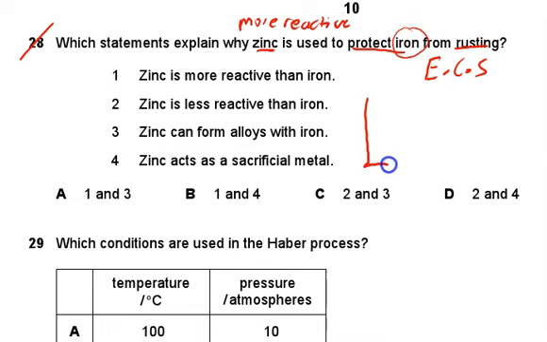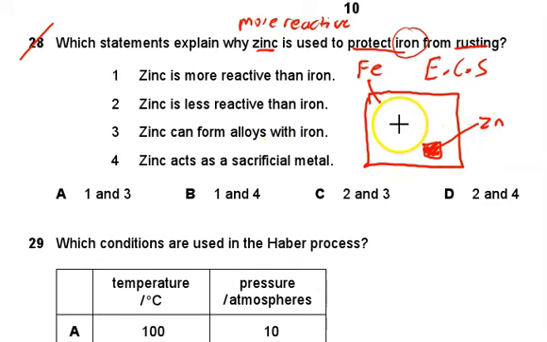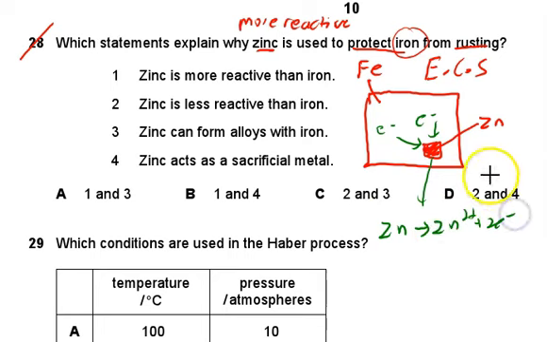So if you put here this is the iron, okay, and you put here the zinc. So what happens over here is all the electrons here will flow toward the zinc. So only the zinc will corrode. Okay, it will corrode itself. So we just have to change this, not the entire iron.